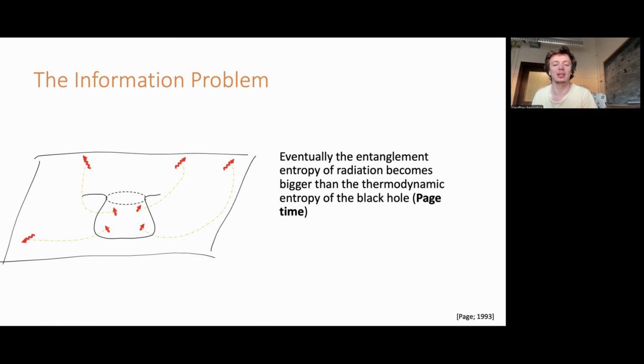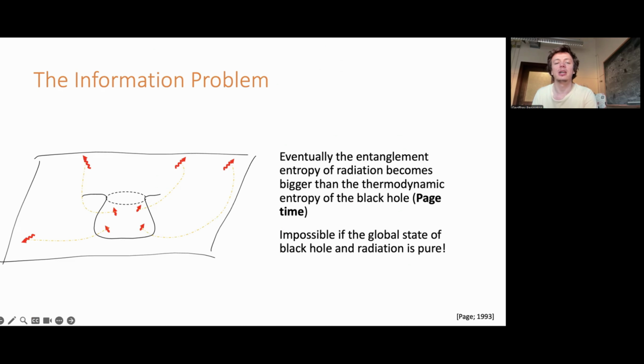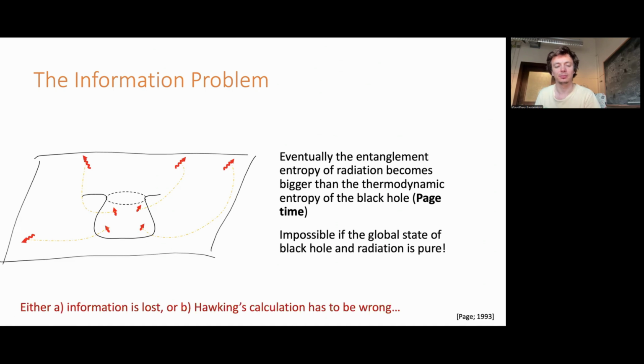Now, this is where the fact that if I have two systems entangled with each other and the global state is noiseless, the two systems have to have the same entropy comes in. So this is just impossible if the global state of the system is supposed to be pure, supposed to not carry any noise, because the entanglement entropy of the radiation needs to equal the entanglement entropy of the black hole, and that in turn needs to be less than the thermodynamic entropy of the black hole.